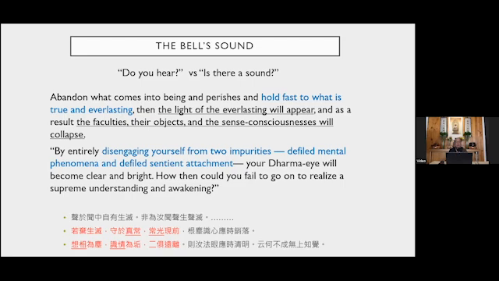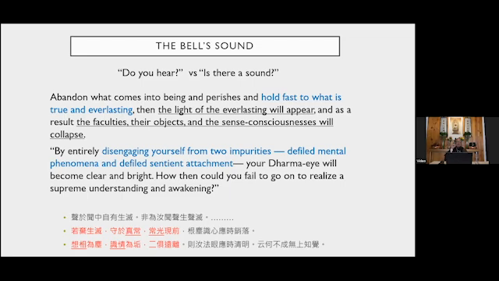And how about defiled sentient attachment? That's about our seventh consciousness. This attachment is always attaching: this is me. This body is me. This mind is me. This good thing is me. This bad thing is me. It's all me. This attachment is so deeply rooted, it's hard to be aware of.